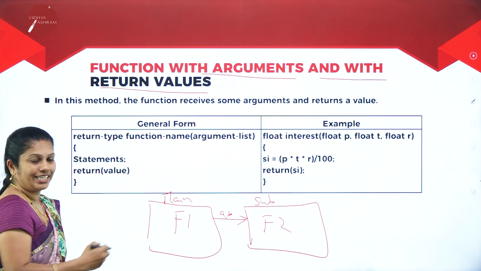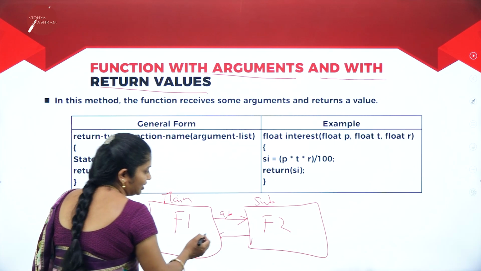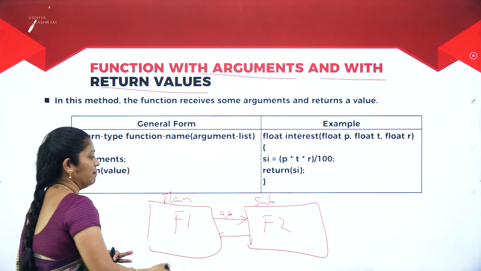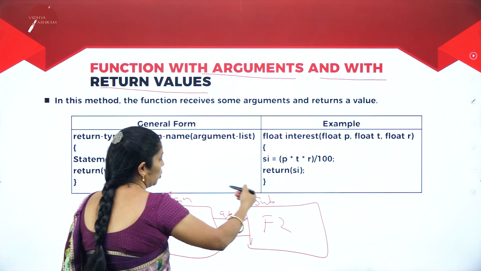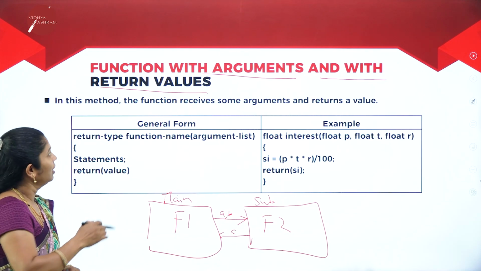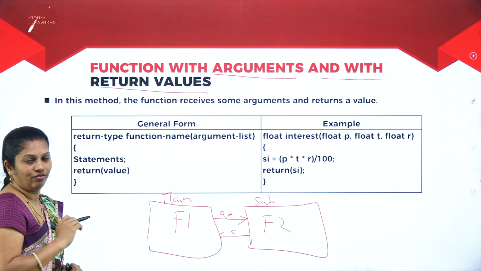And with return value, after calculation in function 2, it will generate the result to the main program, where it may be C, D, anything. It means that after calculation also, it has to generate the result to the main program. That is nothing but functions with argument and with return value.